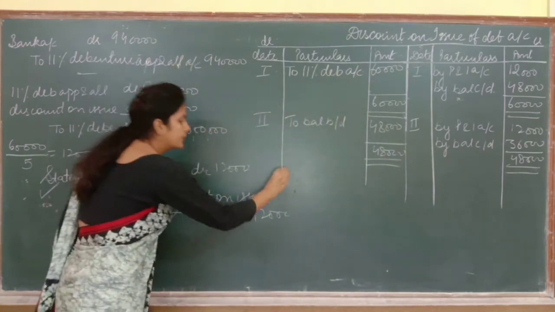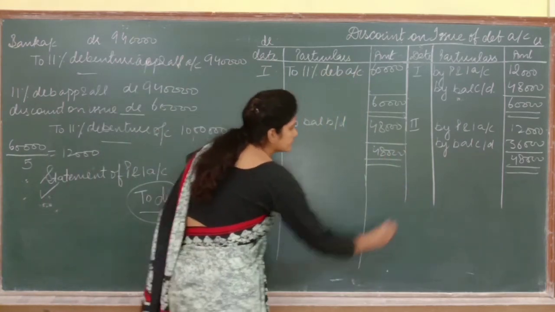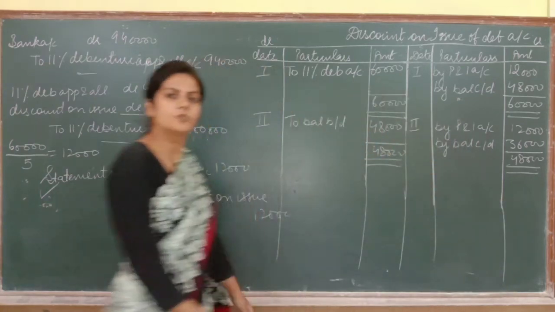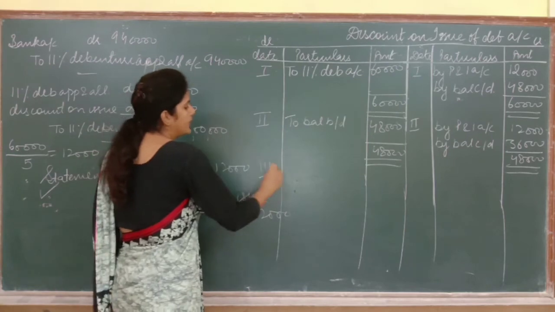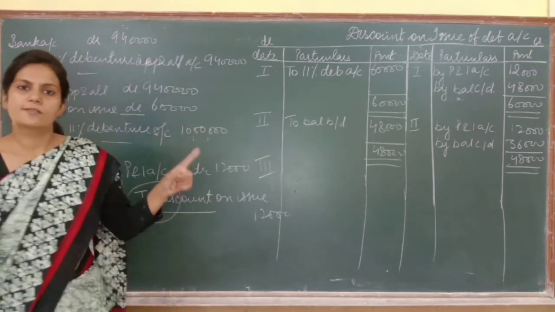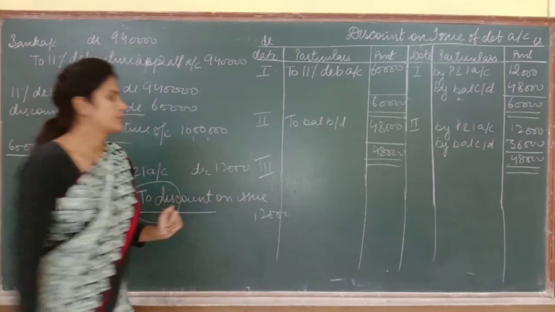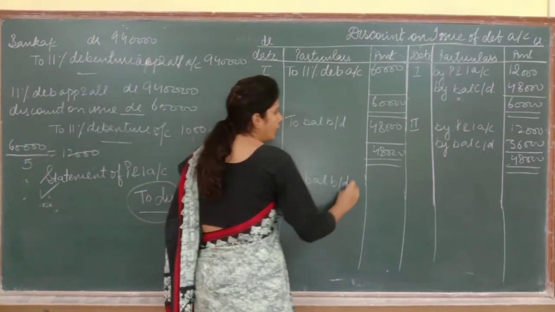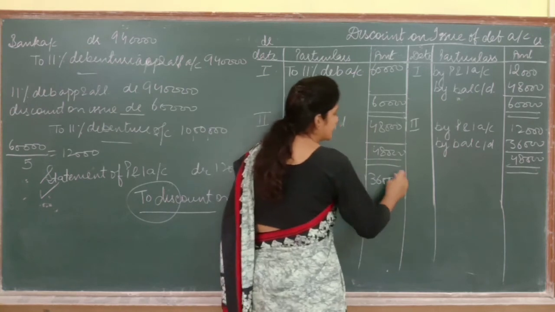Then third year. You have to do the same for the next 5 years. Got it? Come to the third year now. I am going to end at the third year only. The next 2 years you will be doing on your own. So right here to balance brought down 36,000.